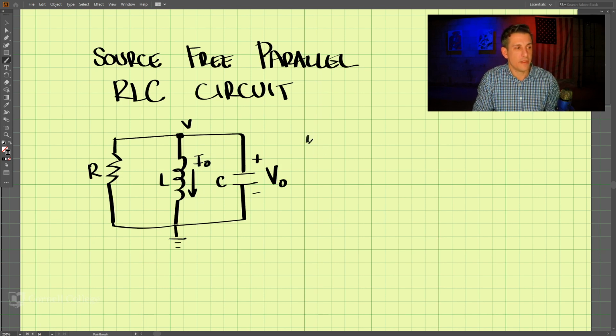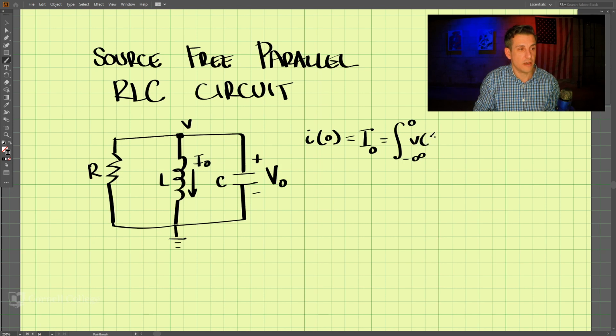So at time 0, I of 0 is equal to I naught. And remember that the current across an inductor can be found by integrating from negative infinity to 0 of v of t dt.